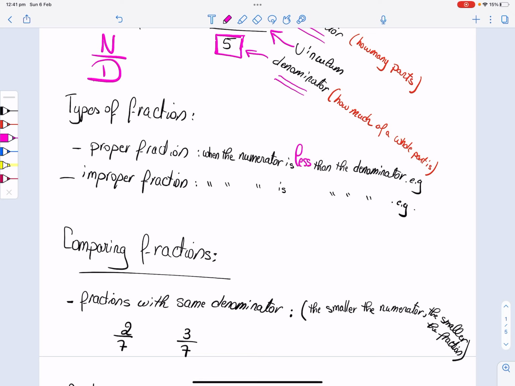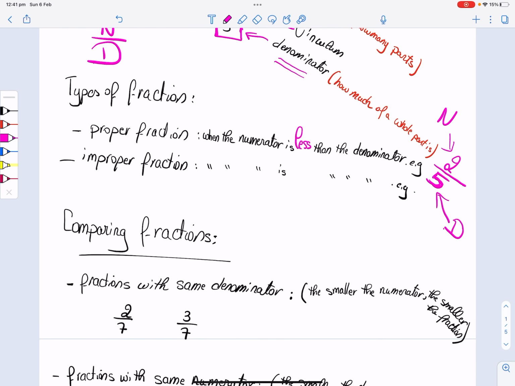For example, if you have 2 out of 5 or 2 over 5, this is the numerator and this is the denominator, and we have the numerator less than the denominator, and we call it a proper fraction. Now if we have the numerator which is greater than the denominator, we call it an improper fraction. Let's have an example, maybe 5 over 2.